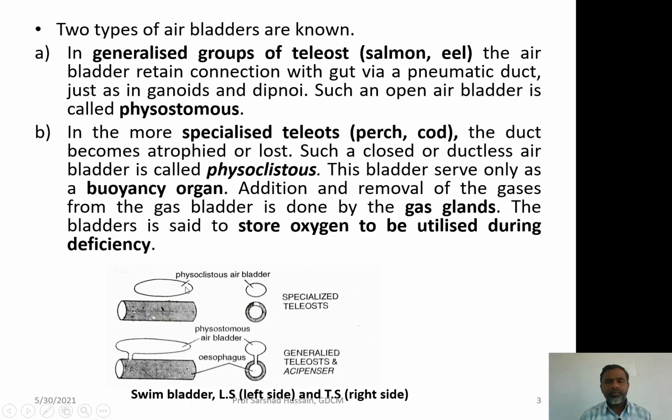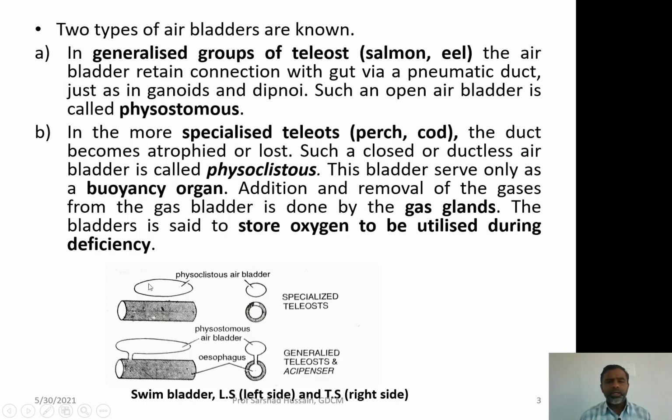Now, this bladder serves only as a buoyancy organ, which means it helps in swimming only, whereas the other type of air bladder has some other functions also, that is, it helps in respiration also, so it is also called an accessory respiratory organ. Sometimes it helps in respiration during acute deficiency of oxygen.